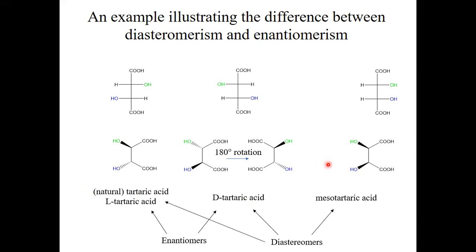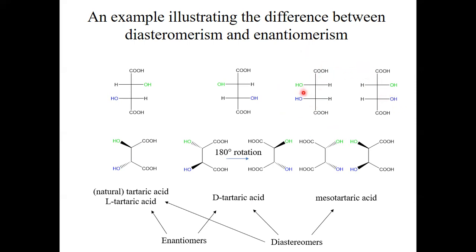Now one may think that there's a mirror image to this one, which would be this one, where both OH groups now point to the left, and these two would be mirror images to each other. But these two are actually identical molecules because you can superimpose these two mirror images.